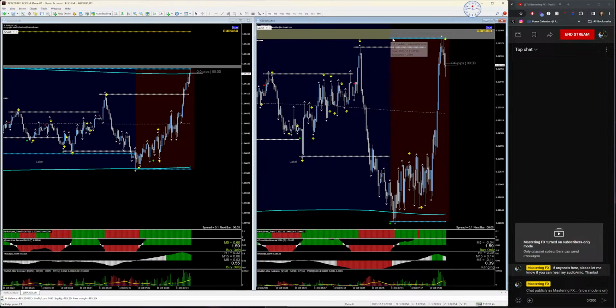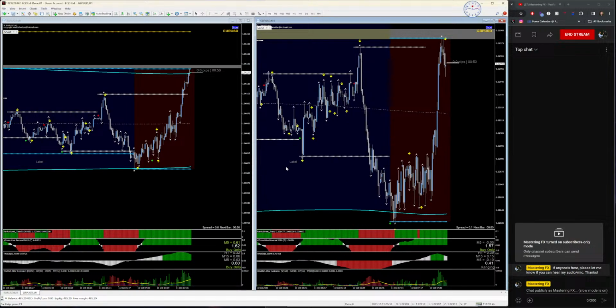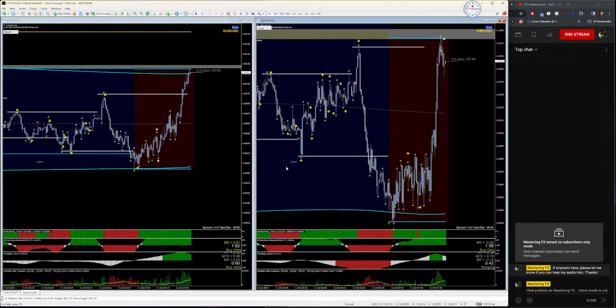Would have set my target to the fair value gap here. Would have tapped this out right there. Right on the top of the wick. Okay, now we took liquidity here as well and tapped into the fair value gap.